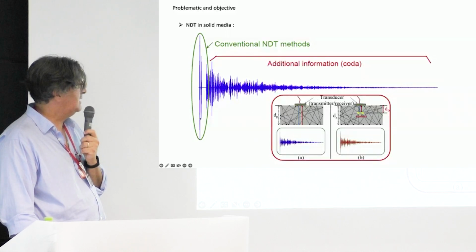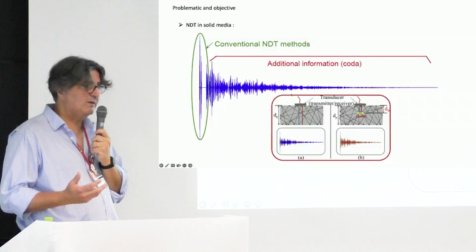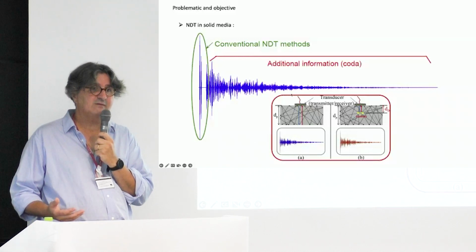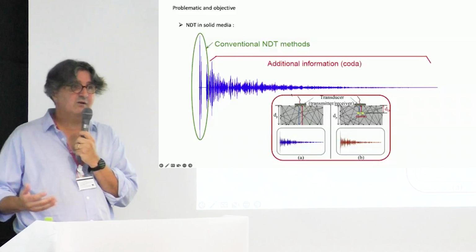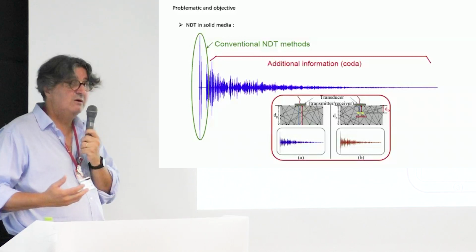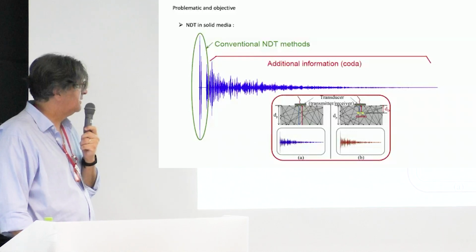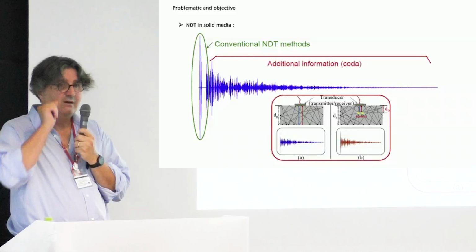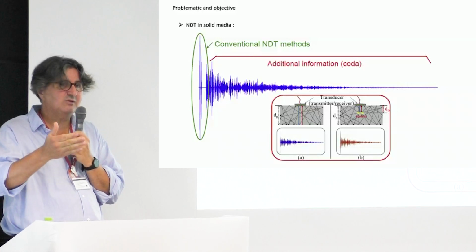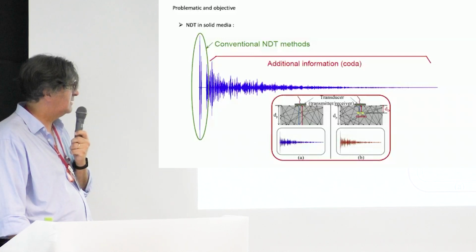This is typically the problem we have in room acoustics. When you do room acoustics, you look at the reverberation time in your room, and then you deduce whether it is a long or a short reverberation time.